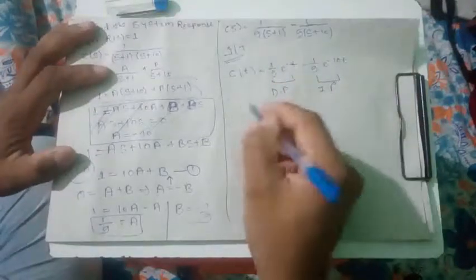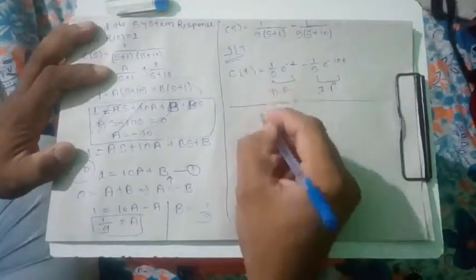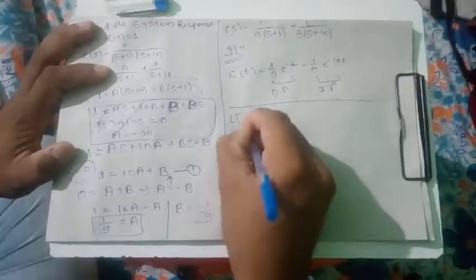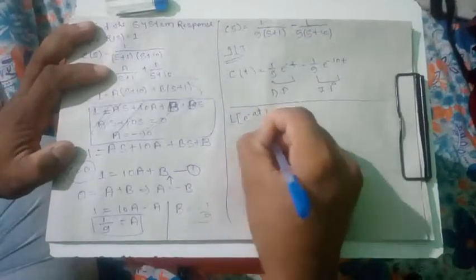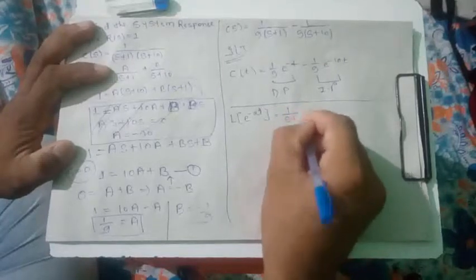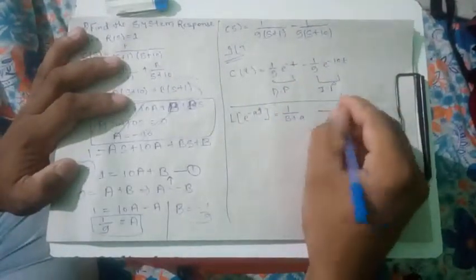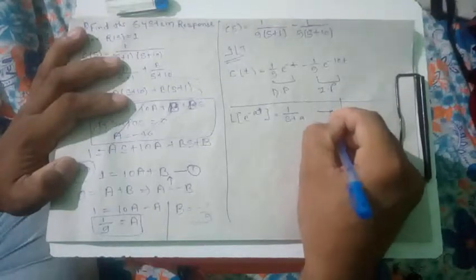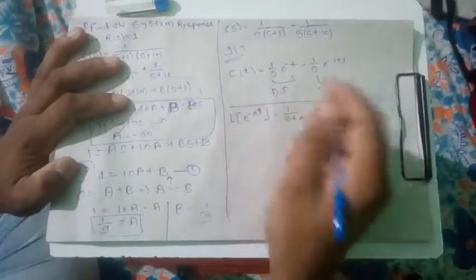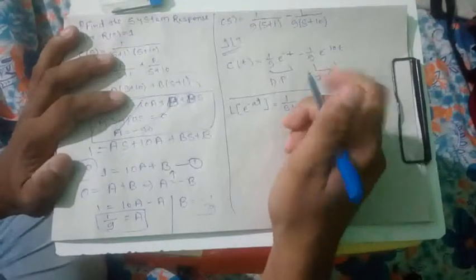Now we will take some examples. Laplace of exponential of minus at equals 1 by (s plus a), for which the pole is at s equals minus a.